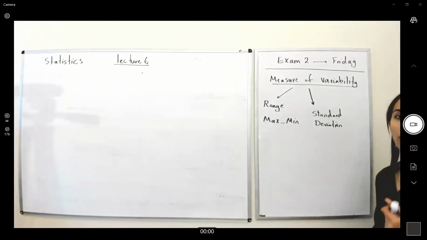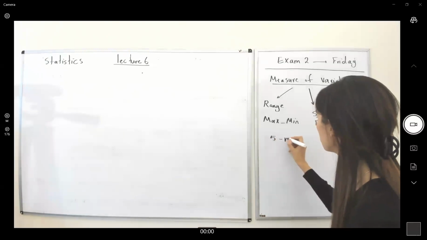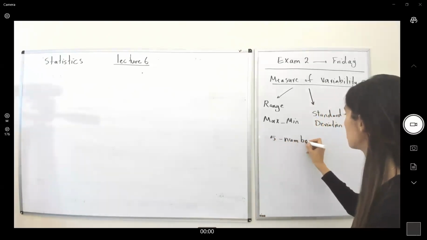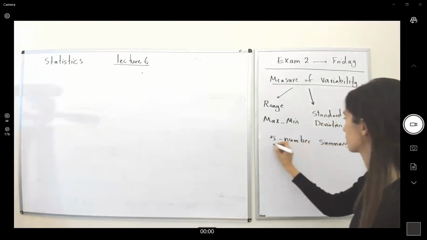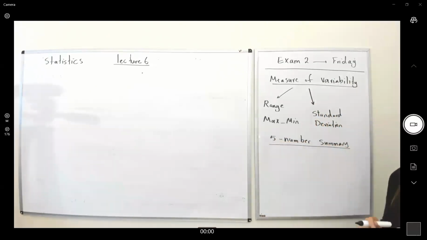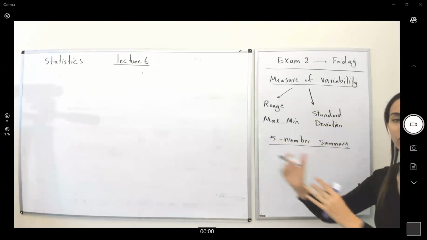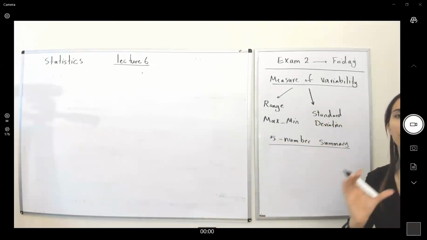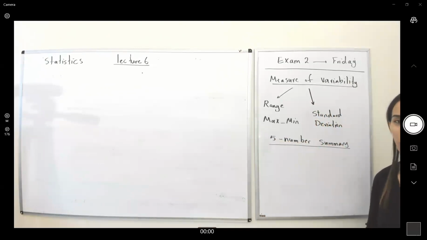One other important thing is 5-number summary. Those numbers actually help you to divide your data collection into different portions and understand the behavior and pattern in your collection.